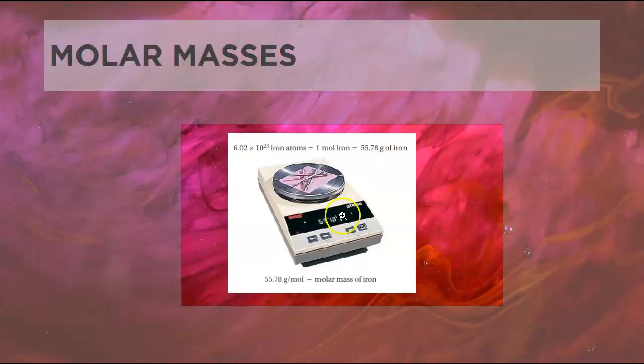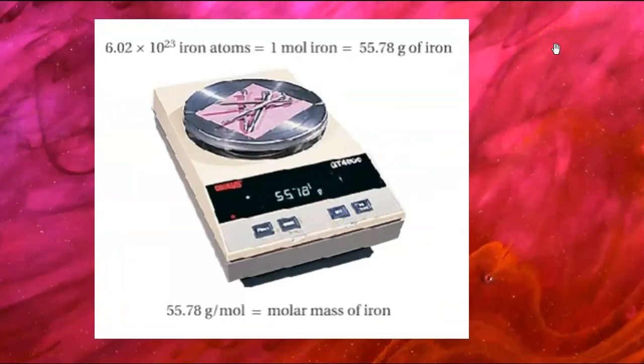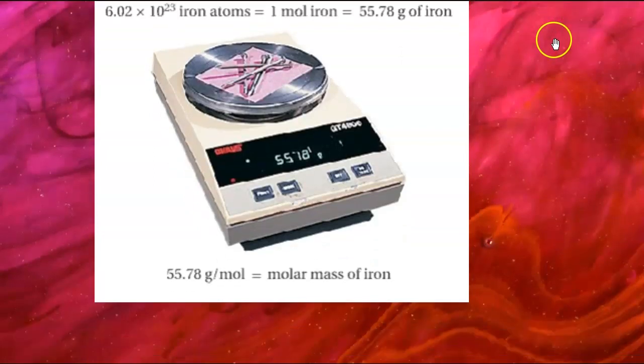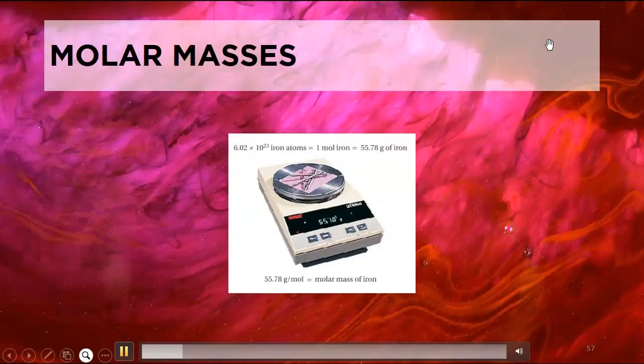And just to refresh you here, what a mole of iron would look like. There's 6.022 times 10 to the 23rd atoms of iron on that weighing dish, which equals 1 mole, which comes out to 55.78 grams of iron. Just a little review.